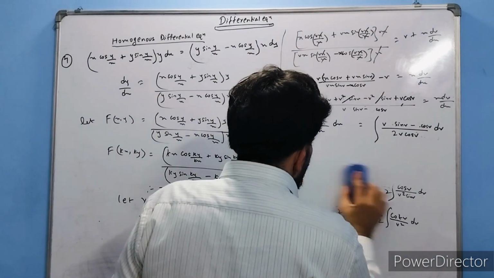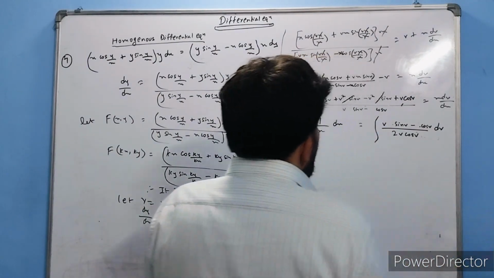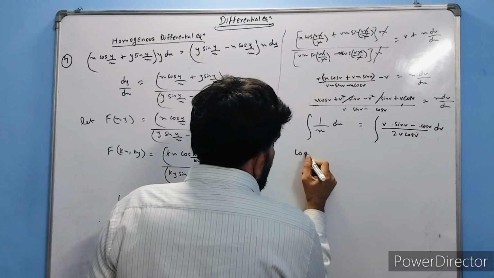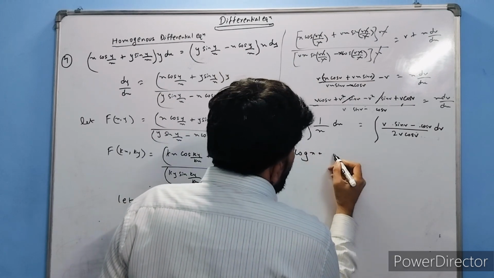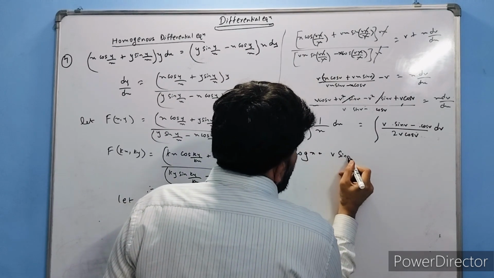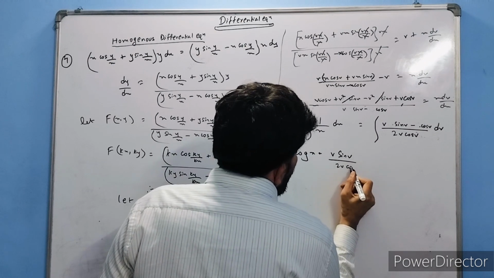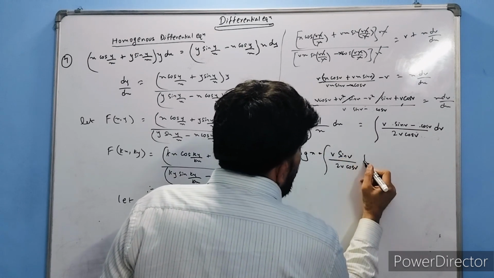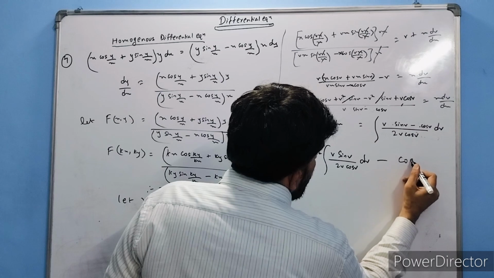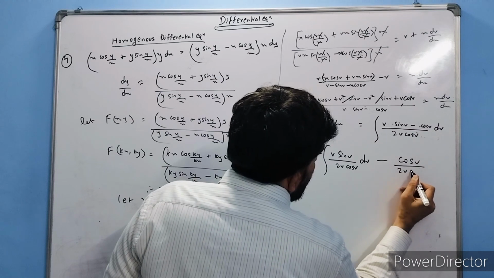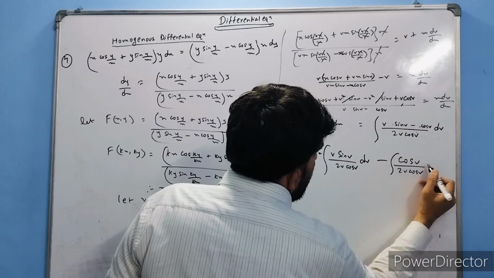Now we have log x is equal to, we'll separate it. So cos v dv minus cos v upon 2v cos v dv.